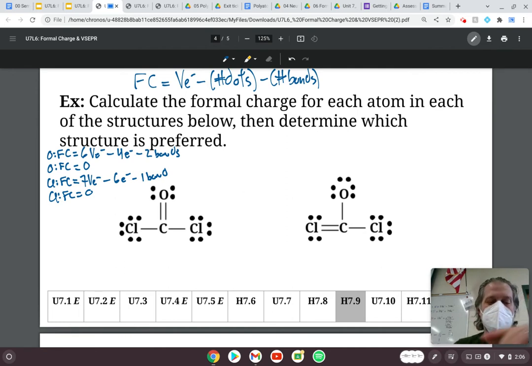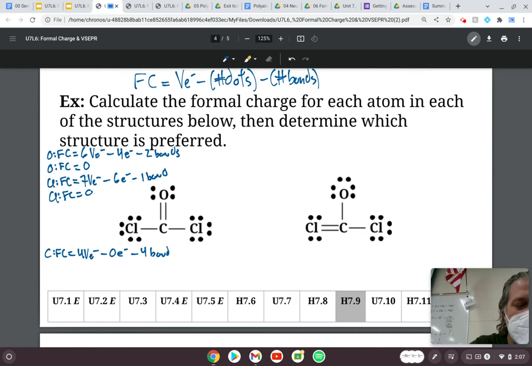Now, the next one we're going to do is carbon. Carbon brings 4 valence electrons. Carbon has 0 dots, so 0 electrons, and it's participating in 1, 2, 3, 4 bonds, so 4 bonds. So carbon's formal charge here is 4 minus 0 minus 4, which is 0.